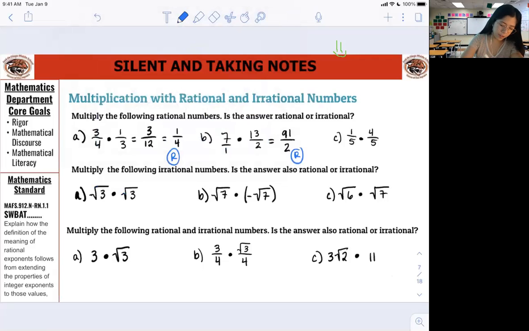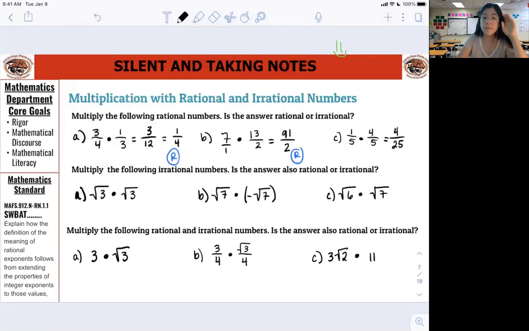1/5 times 4/5. The denominator, 25. So 4 over 25, because we're just multiplying straight across. It doesn't matter with multiplication, the denominators do not have to match, because all you do is go straight across.